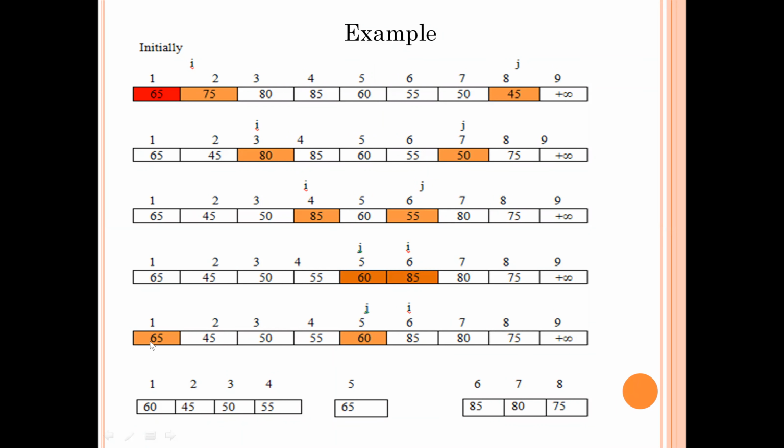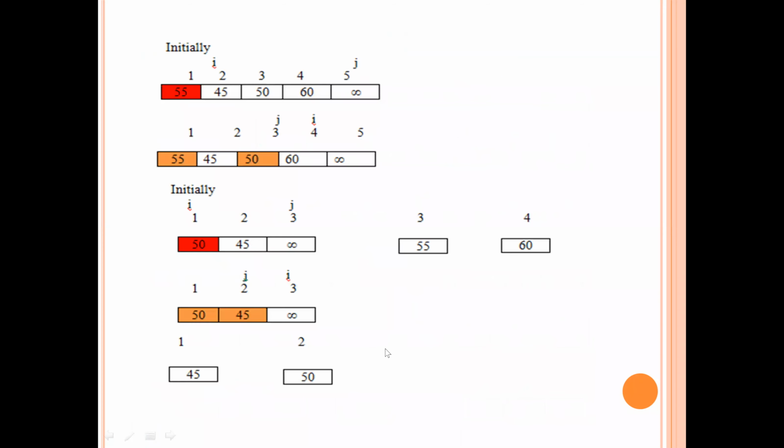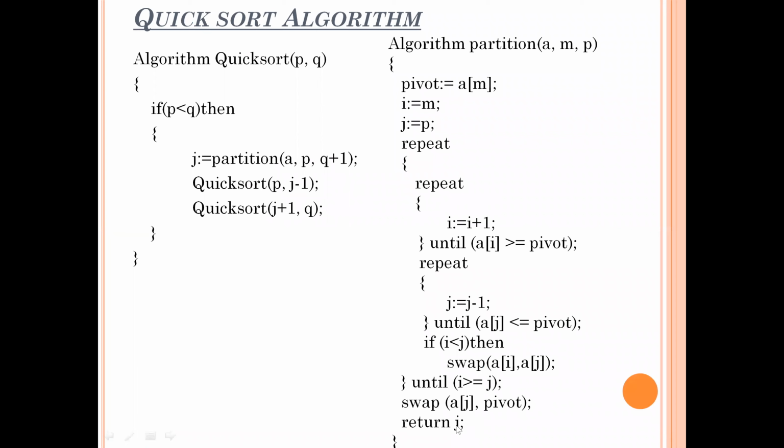So now what are we doing? The final step: you are swapping the pivot, that is A of 1, and A of J. Pivot is A of 1 here. So finally you are returning J.